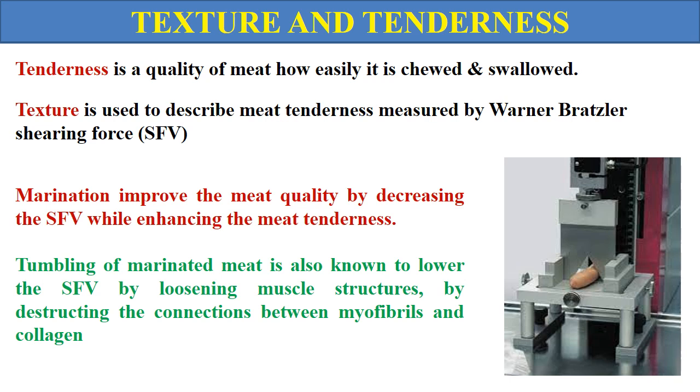Myofibrils and collagen are important factors for toughness of meat. So due to the marination and also by tumbling, it helps in destroying the connections in the myofibrils and collagen, and thereby it makes the meat more tender and reduces the shear force value.